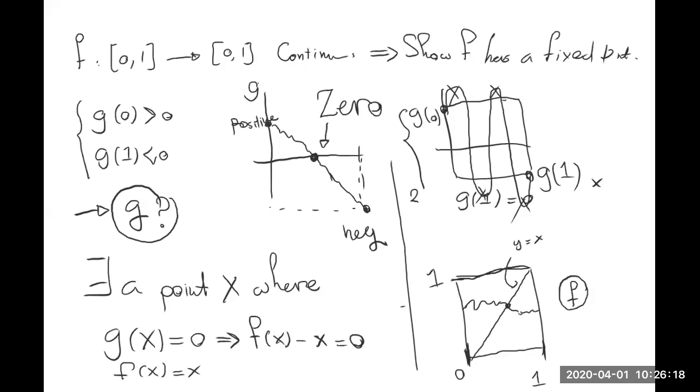Now, is there any question about this proof? This is a quite important theorem: any continuous function from an interval to itself has a fixed point. Here we had the interval 0 to 1, but this specific interval doesn't matter. It could be 0 to 2 or whatever.